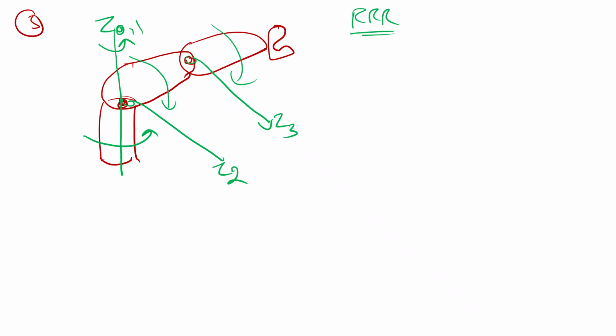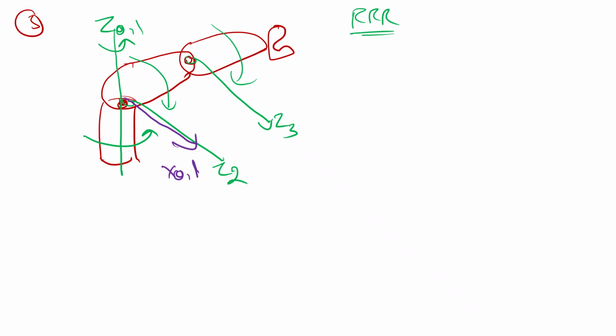The previous one is also RRR, but see the design. In that, all three are in the same direction, but here one is different. So let's mark the x axes. Here is my x. Because x1 is perpendicular to this, we have to consider Z0 and Z1.